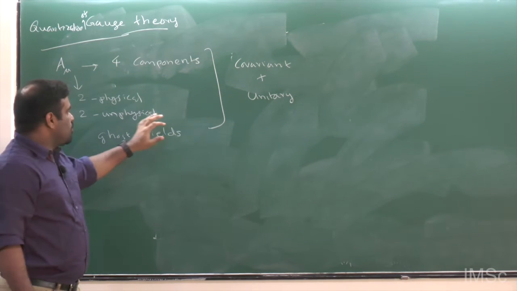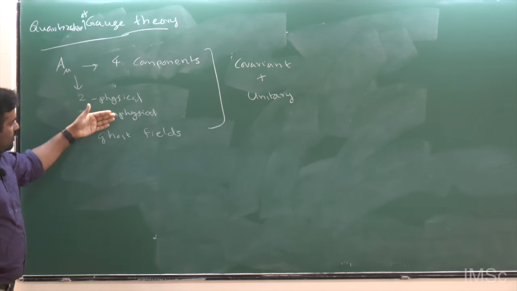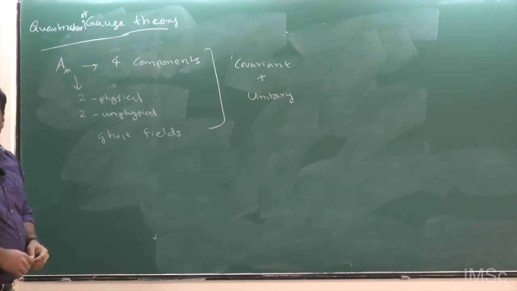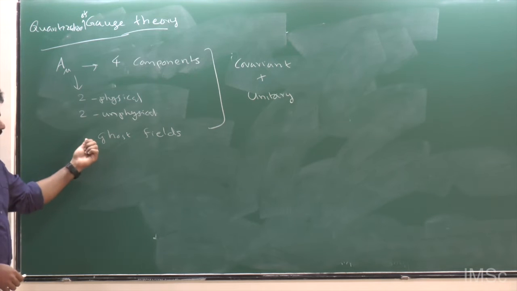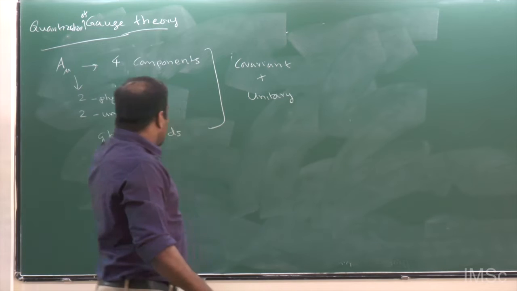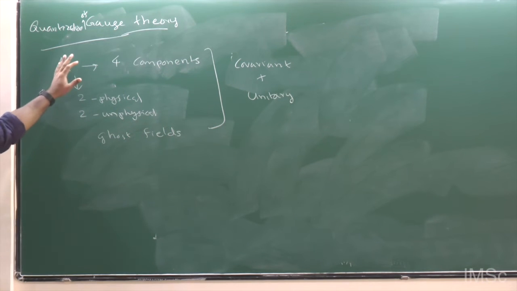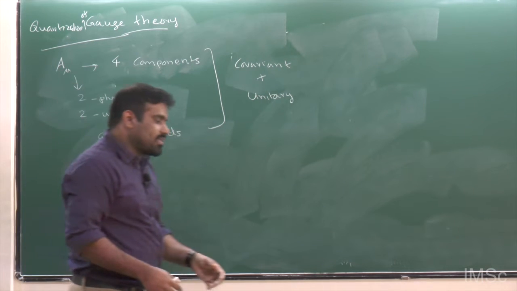Basically, you get negative norm states, and then you want to get rid of that difficulty by adding extra fields. These are the ghost fields, and we call them ghost fields because they won't satisfy the spin statistics theorem. So this is the configuration with which you start. So you have a classical system and you want to quantize it. So how will you quantize it?